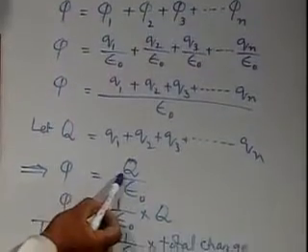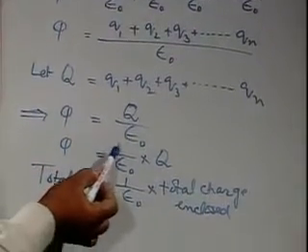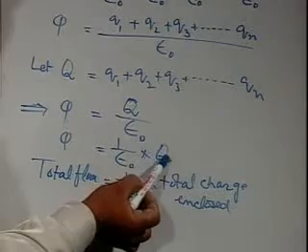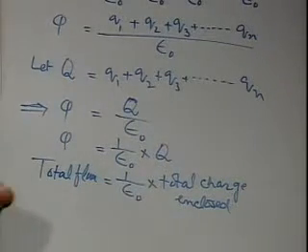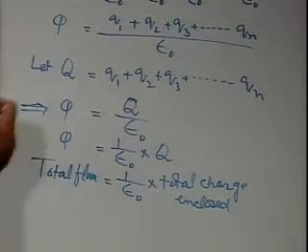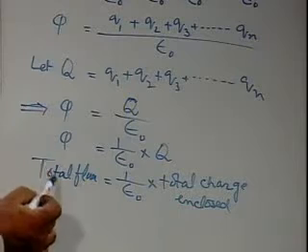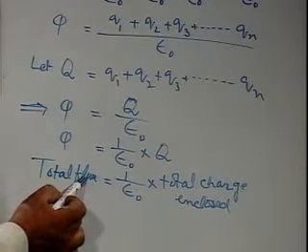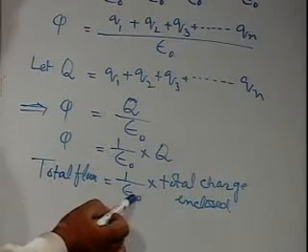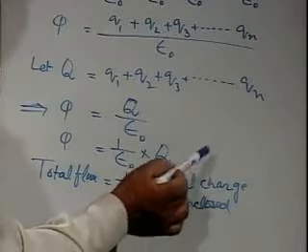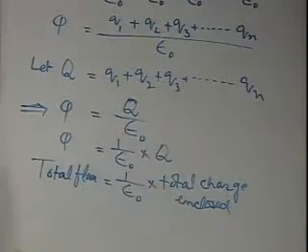We can write this equation as phi is equal to 1 over epsilon naught multiplied by Q. This is the equation of Gauss's law, which states that total flux passing through any closed surface is equal to 1 over epsilon naught times the total charge enclosed by the surface.